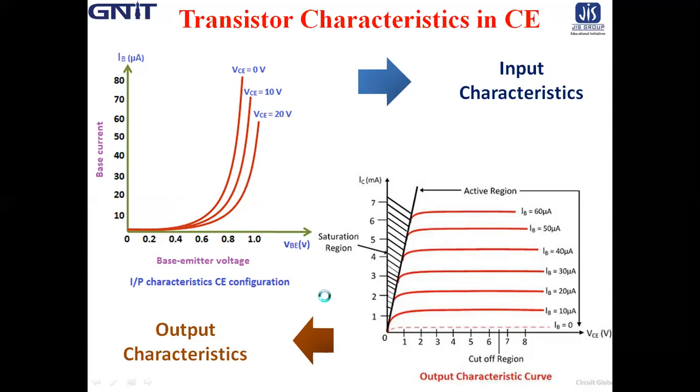Next is the output characteristics, with the output current on the y-axis and output voltage on the x-axis. Output current is basically your collector current IC in milliampere, and output voltage is the collector emitter voltage in volt, for a fixed value of input current, where input current is the base current IB. It is for base current 0, 10 microampere, 20, 30, 40, 50, up to 60 microampere.